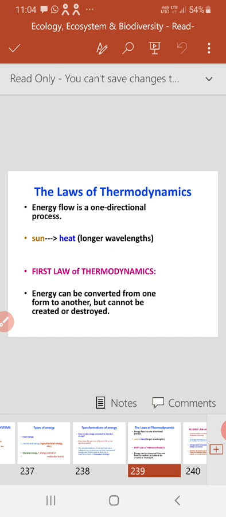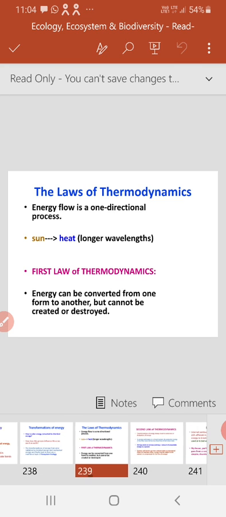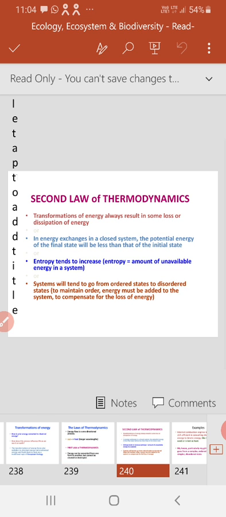Whenever we talk about energy, it follows the basic laws of thermodynamics. The first law of thermodynamics states that energy can be converted from one form to another but cannot be destroyed. The second law relates to the efficiency of energy transfer.